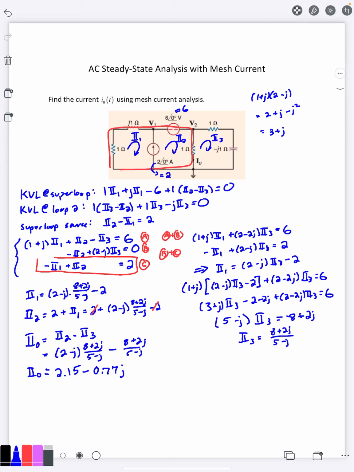So what I get here for I0 phasor is a magnitude of 2.29, angle, and right now what my calculator says is negative 0.34. That's in terms of radians, and you can leave it like that.